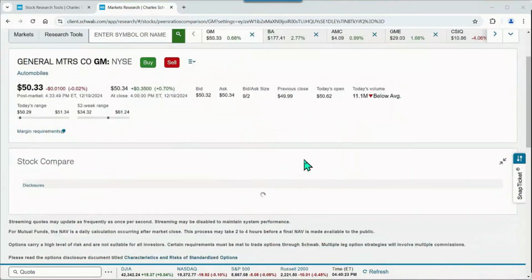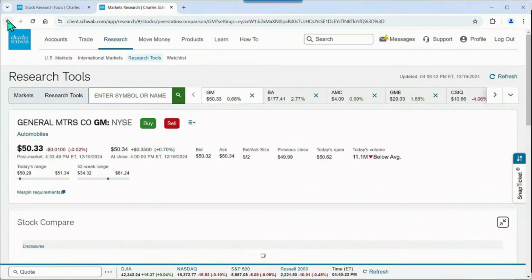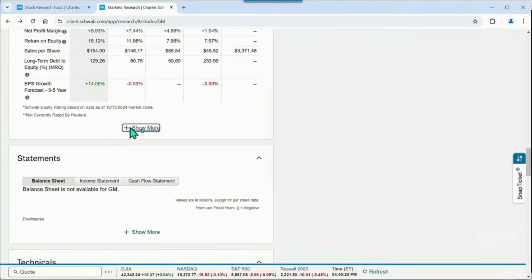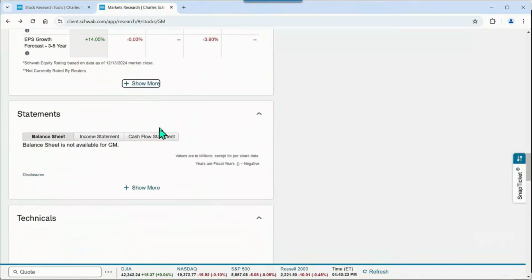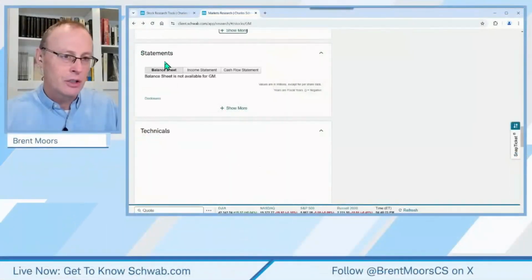Now, hopefully, let me go back here. Hopefully we'll get the next page to load. Okay, so remember, you click on Show More and you're going to get more information. And things aren't loading right now. Here's your financial statements.